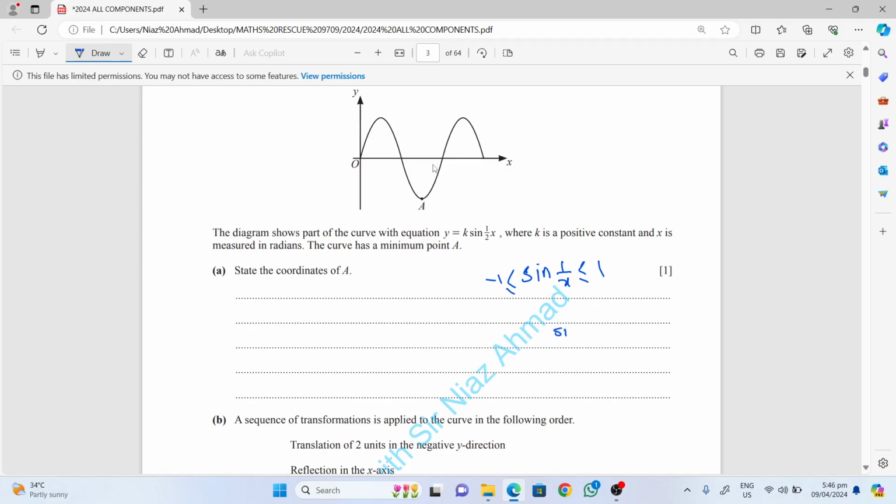If I say this is a minimum point, then sine x by 2 equals negative 1 and x by 2 equals sine inverse negative 1.